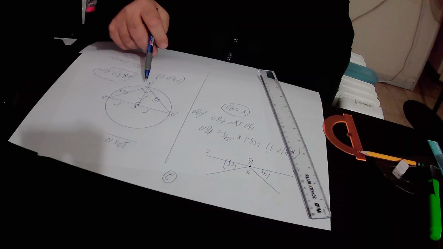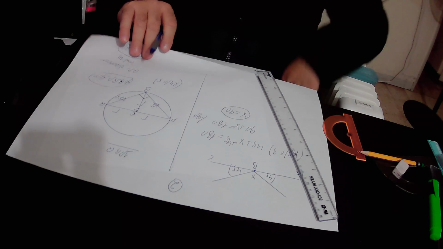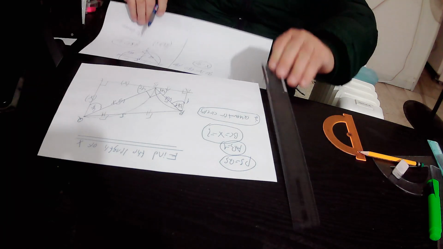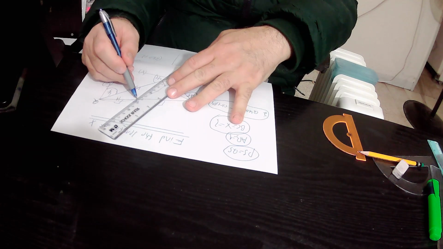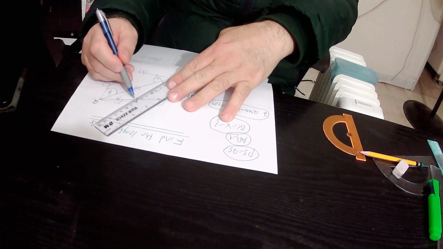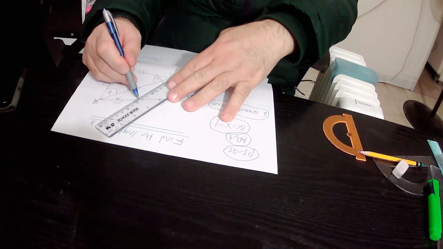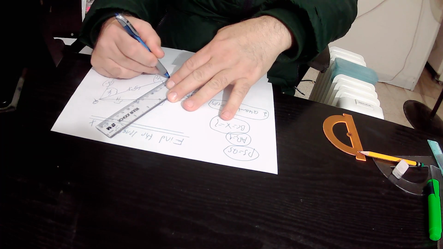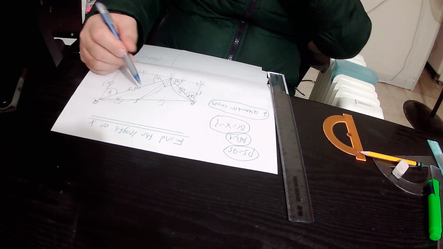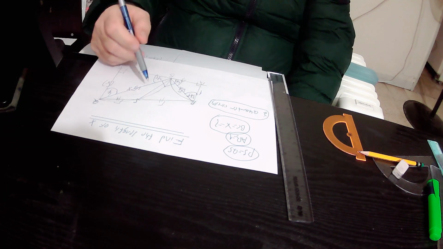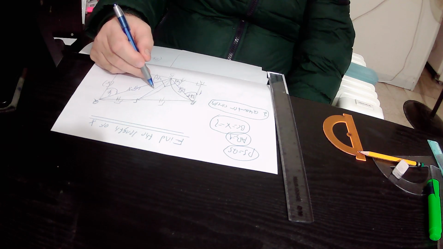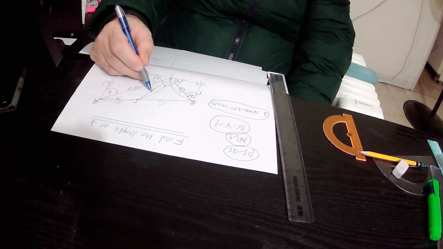All those three line segments are the radii of the circle that equals R. So we write here that PS equals R, SQ equals R, and SB also equals R. This is the radius of the previous circle.